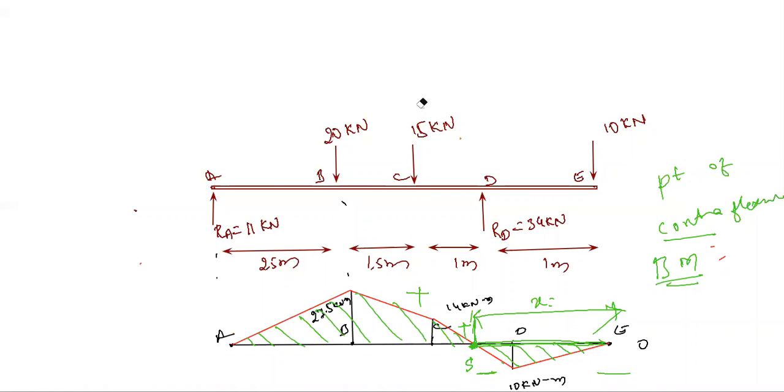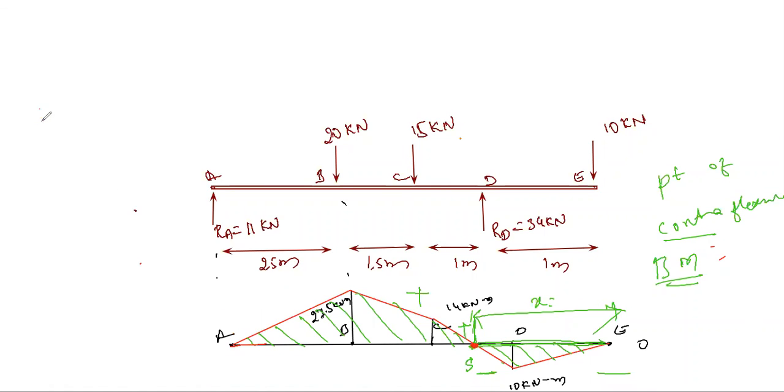See, you can calculate this point of contraflexure by this condition. As we know, at this point, on this reference line, the bending moment is 0.